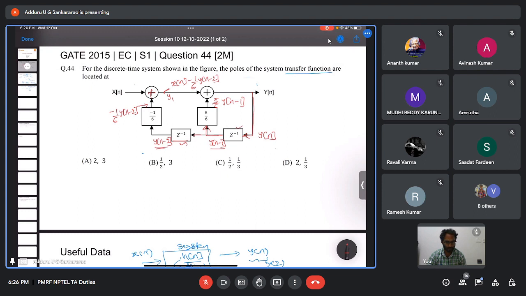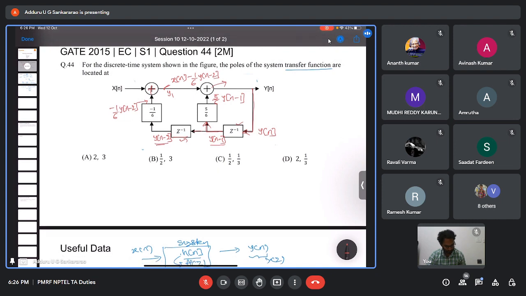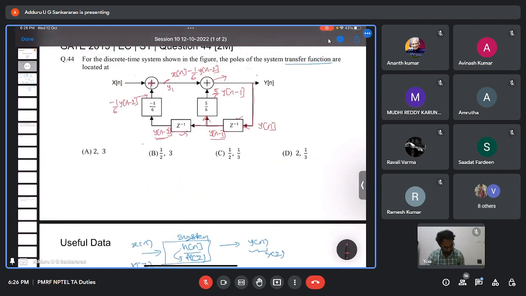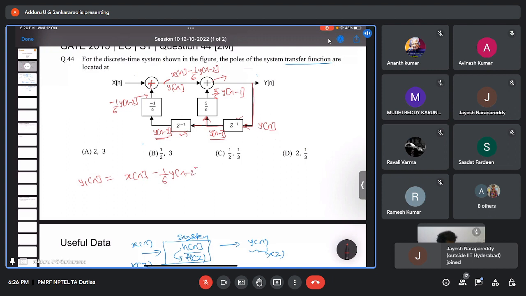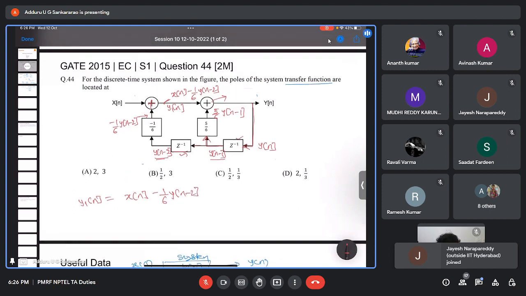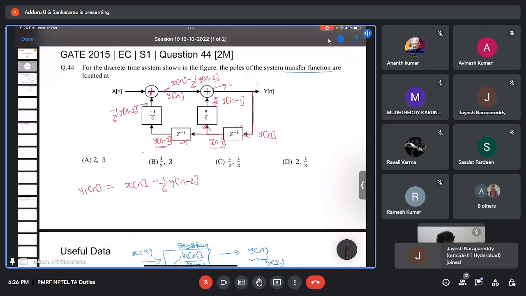That is, x of n should be added to minus 1 by 6 y of n minus 2.